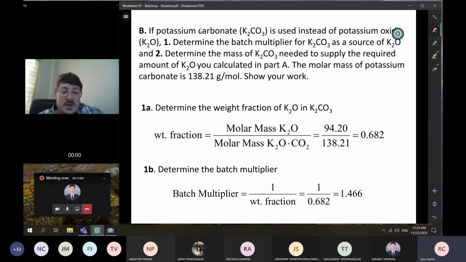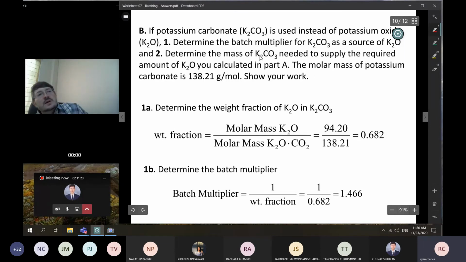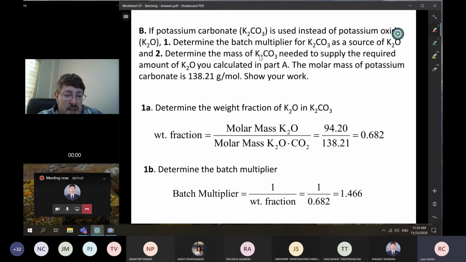You can make substitutions in your recipe, in your batch. Potassium carbonate, when you heat it up, will decompose and give us potassium oxide and carbon dioxide, right? You can write it like this in the molar form or here in the chemical form. So it'll give us what we want, just with the addition of some carbon dioxide.